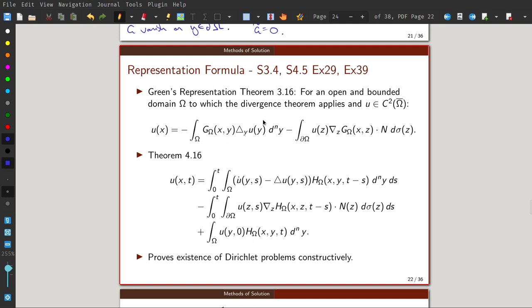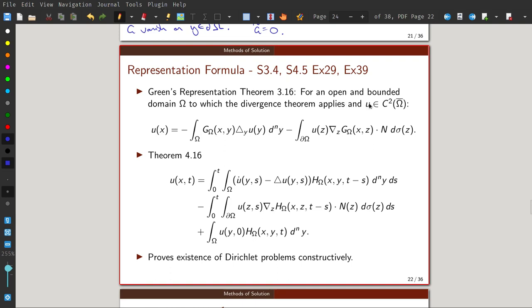In the same way, we have this representation theorem in 4.16 for the heat equation. What I should note is that this formula I've written doesn't apply only to harmonic functions. It applies to all C2 functions.